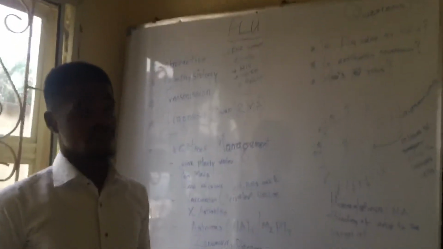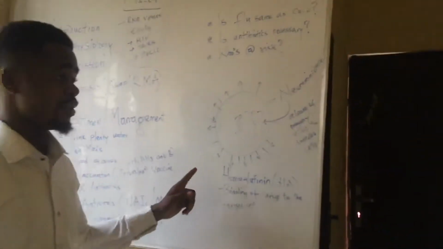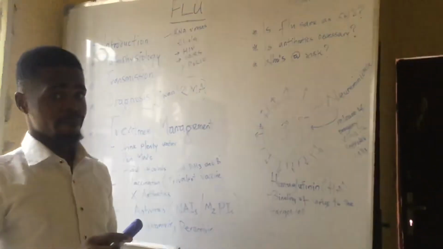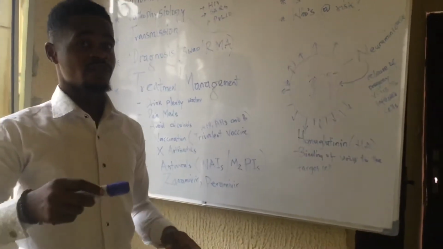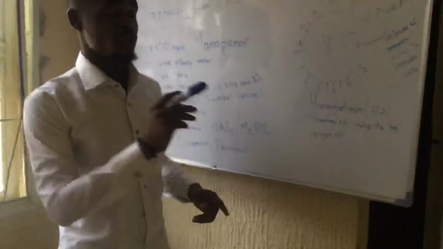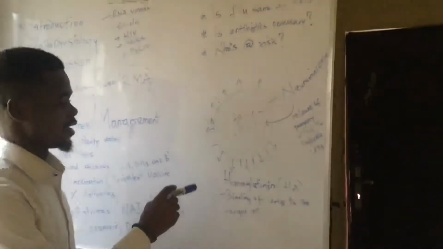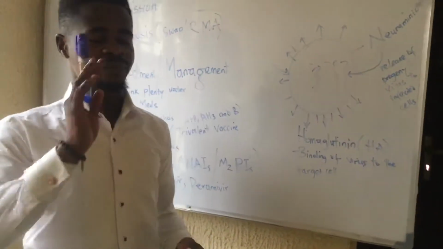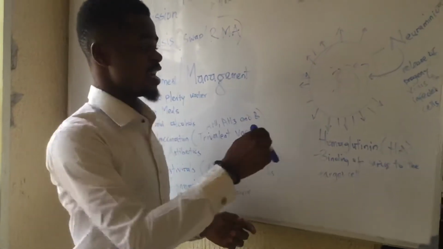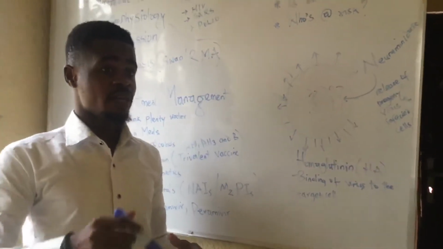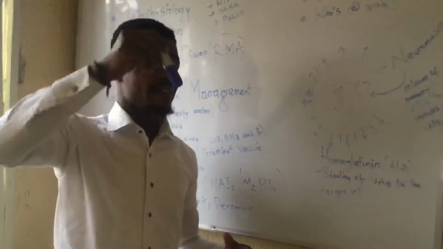In RNA infection, for example, when there's infection, before there's pathogenesis or onset of symptoms as a result of pathogenesis, the cytoplasm of the human cell has to be infected first.